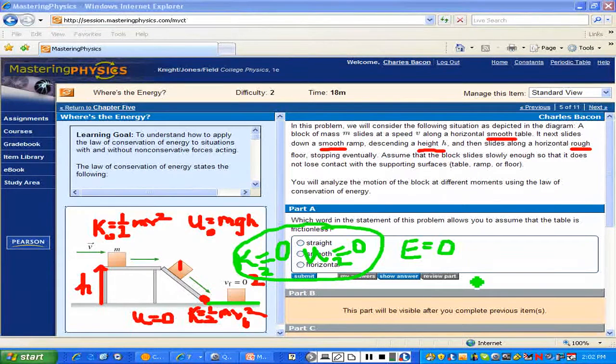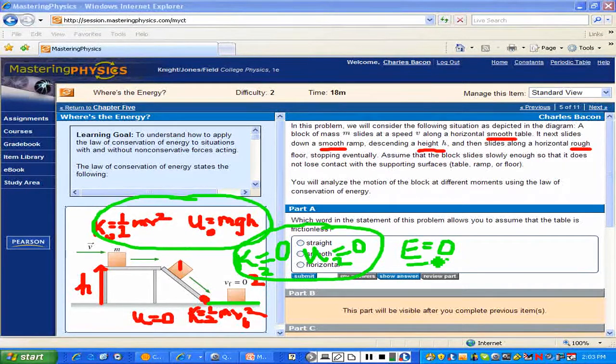Did we conserve mechanical energy? No, we didn't, did we? Because we started out with some. We don't know what it is, if we had numbers we could find a number, but we know it's 1/2 mv squared plus mgh. We started out with some, we ended up with none.